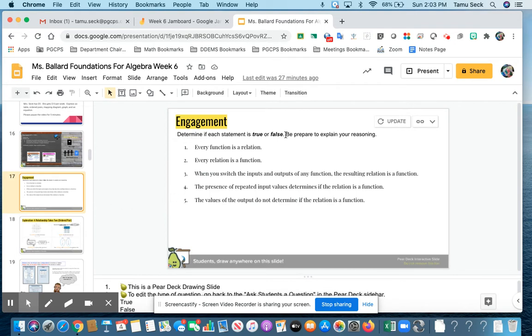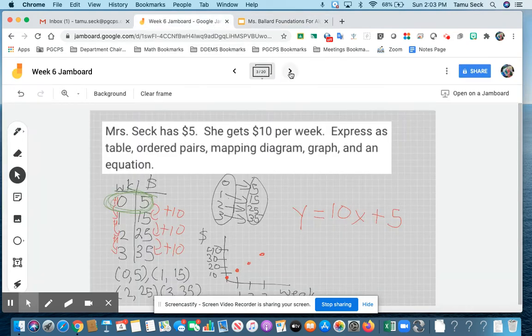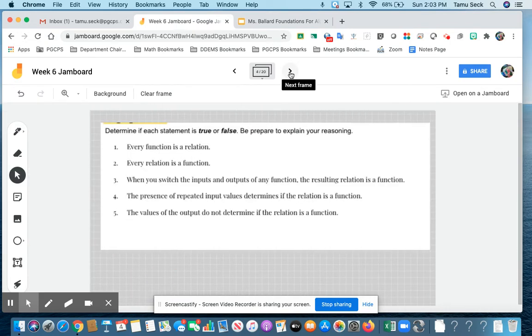Determine if each statement is true or false. Explain your reasoning. So let's review what the definition of a function is first. A relation is a function if every input has exactly one output.